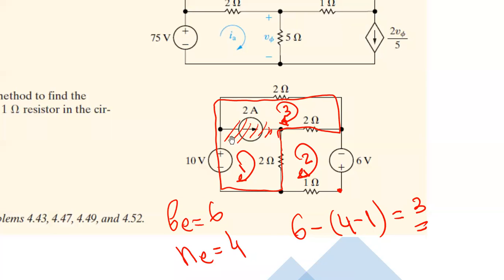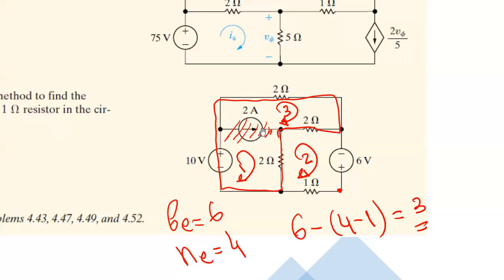The third equation will come from that current source. So what will be the third equation? Who can tell me? 2 amps is equal to I1 minus I3. Travis is saying the same in the chat box, and this is correct.